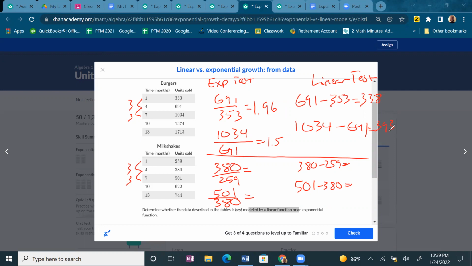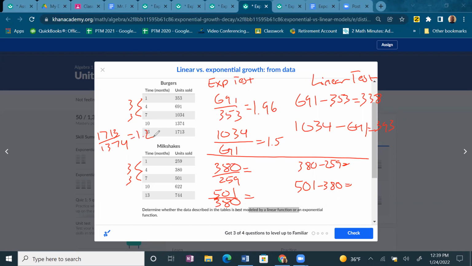All right. So in terms of closeness, they both look kind of close, right? So maybe do another one, and let's try it. Let's do 1713 over 1374. 1.2. Oh.